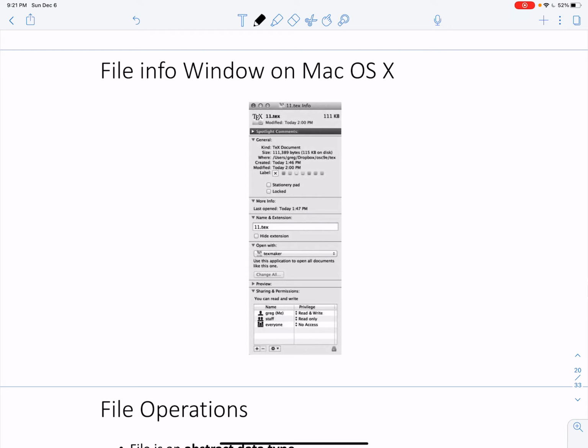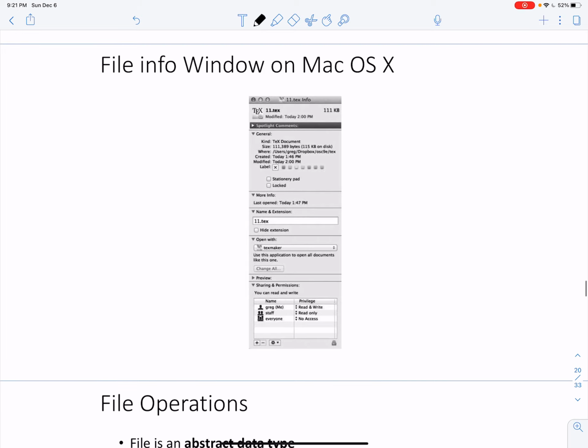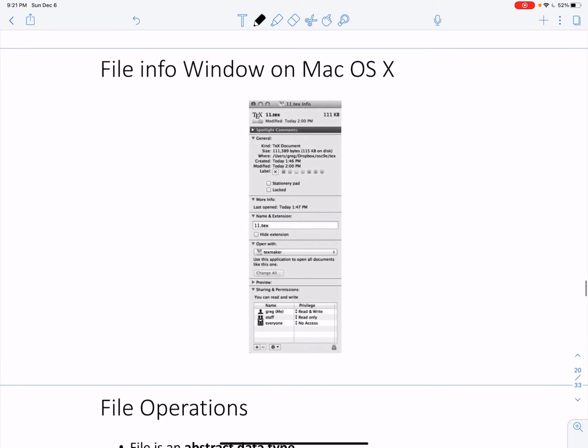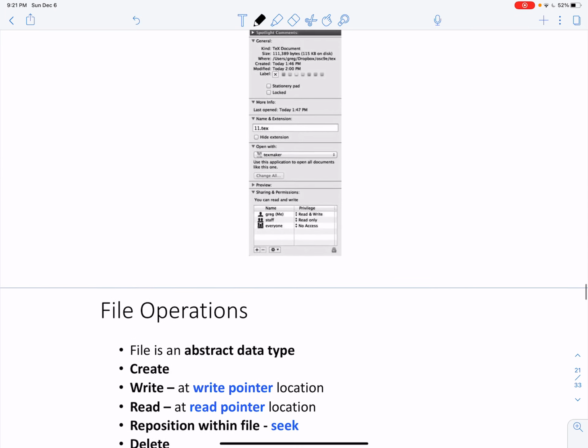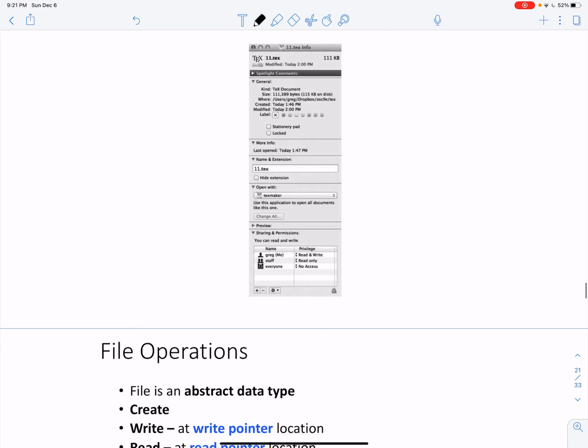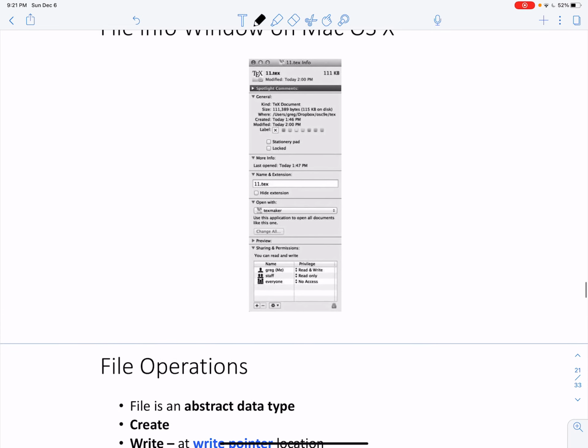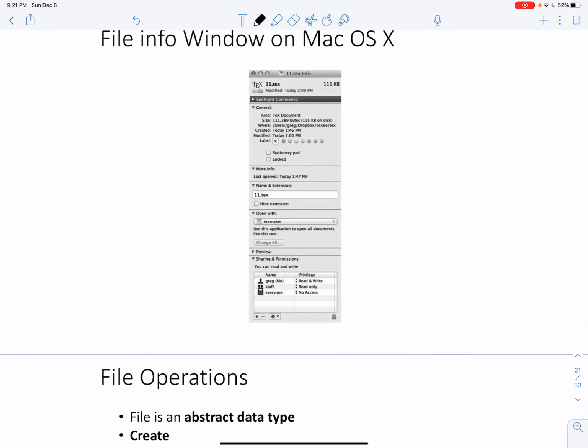If you use Mac, you can check it from the info window, which will give you the details. If you use Linux systems, under a certain folder, if you open terminal, you can use the command ls -l, where l means list the details.